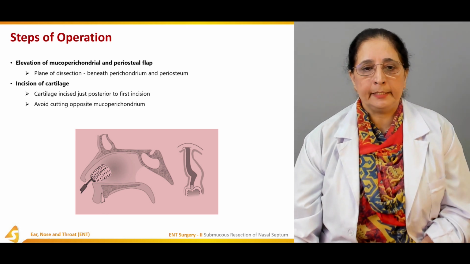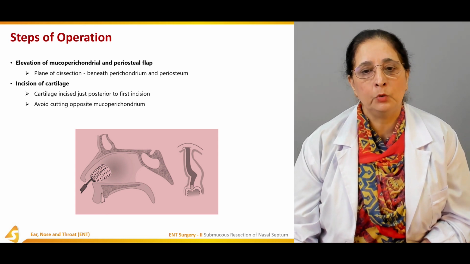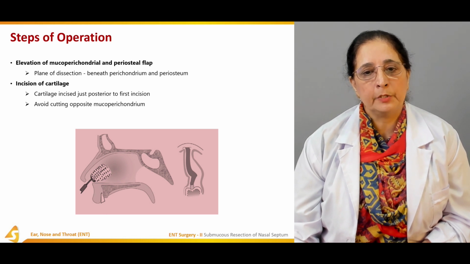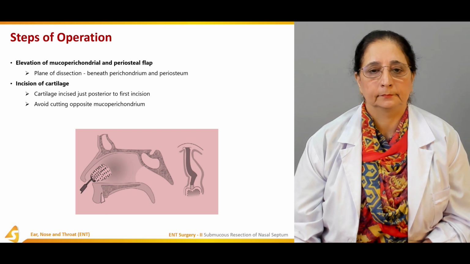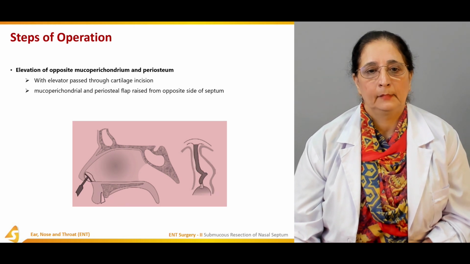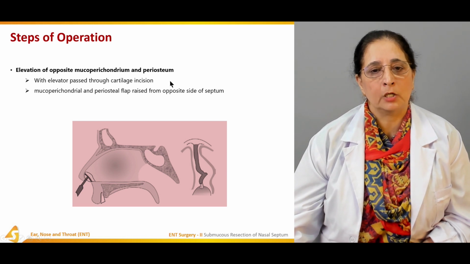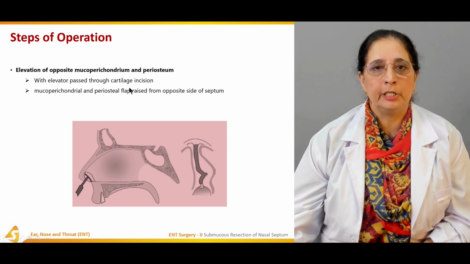Incision of the cartilage: incise just posterior to the first incision, avoiding cutting the opposite mucoperichondrium. Elevation of opposite mucoperichondrium and periosteum with an elevator passed through the cartilage incision.